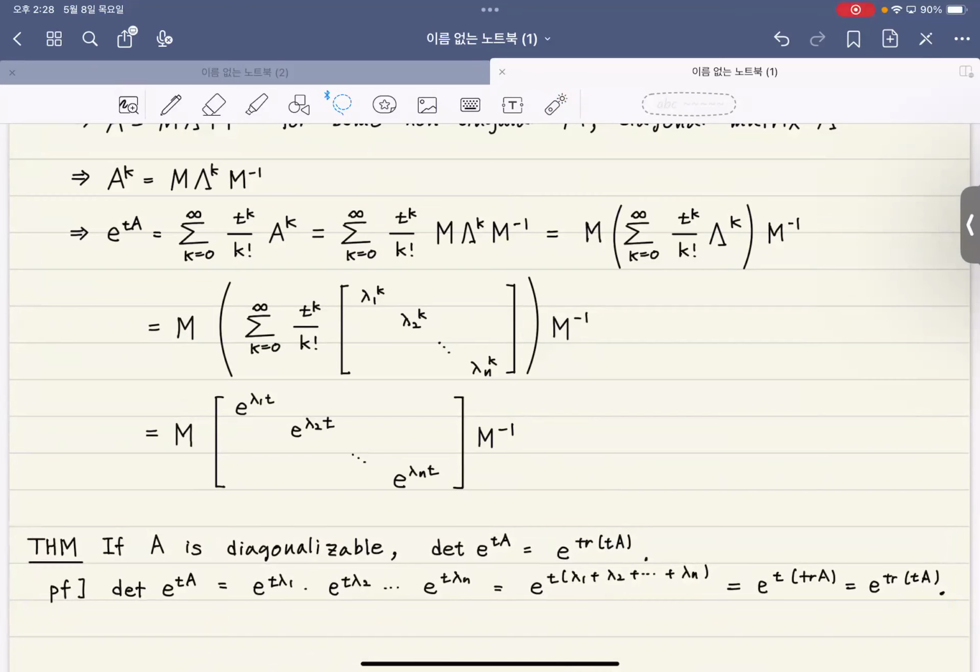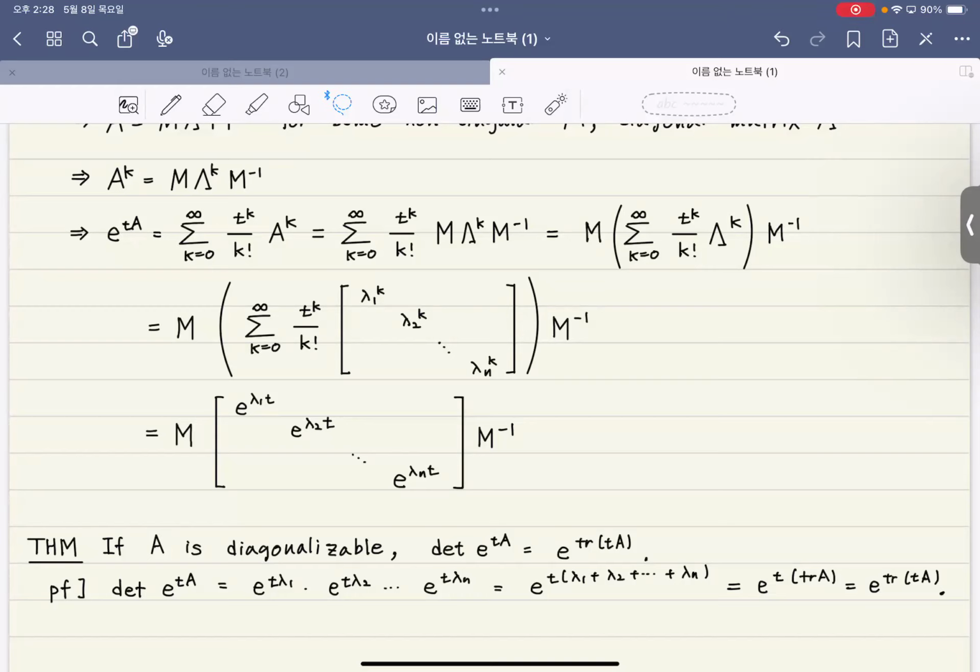Also, I have an interesting theorem regarding the determinant, and there is some relation between the determinant and the trace of the matrix exponential. Well, the matrix exponential is an n by n matrix, so you can find its determinant. But the determinant is nothing but some number, right?